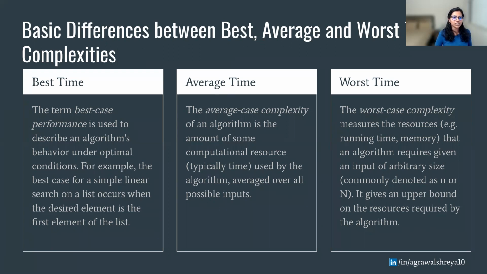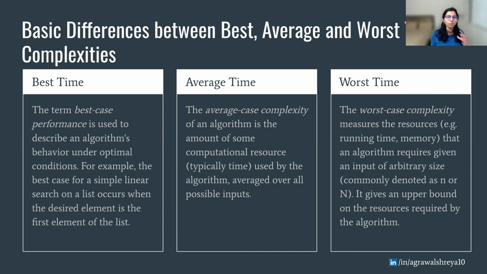But in computational science language, the best case complexity is always denoted by omega. Instead of capital O, we write omega. For average time complexity, we denote it by the theta symbol, and for worst time complexity, we denote it by big O, which is our upper bound.